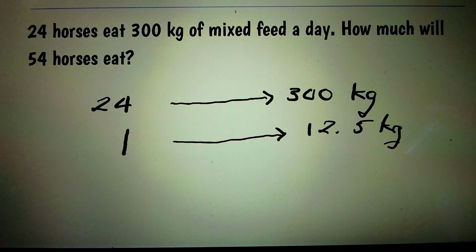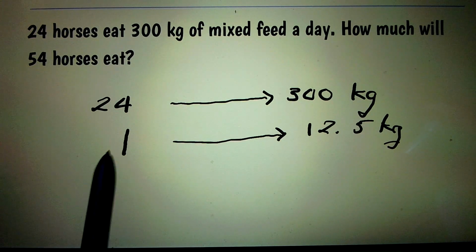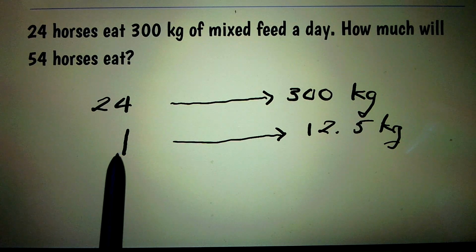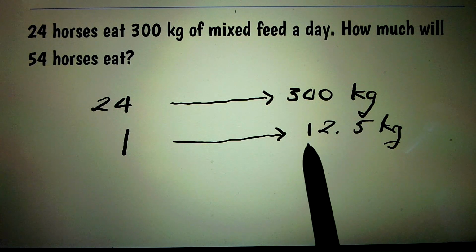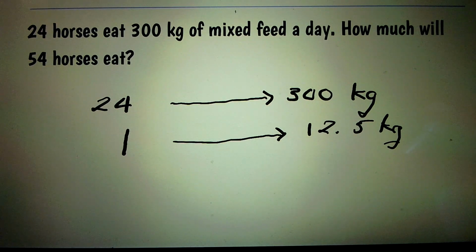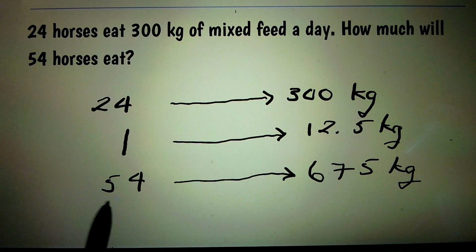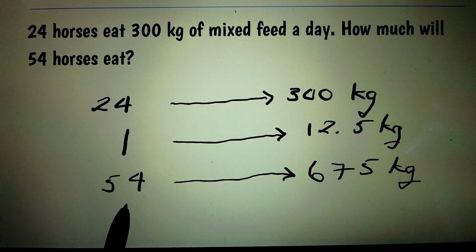So what I do, and this is the intermediate stage, I work out that one horse is going to eat 1/24th, so 300 divided by 24 gives me 12.5. And of course, 54 horses are going to eat about 54 times as much.